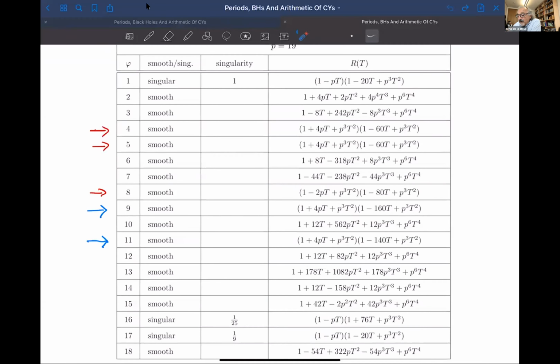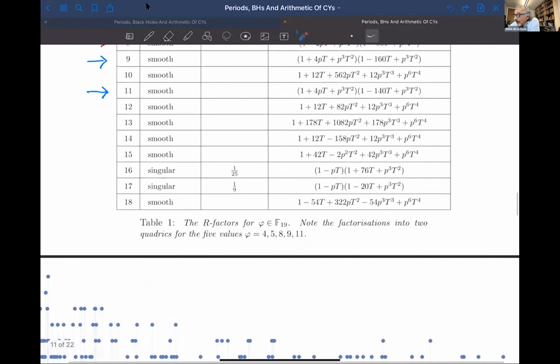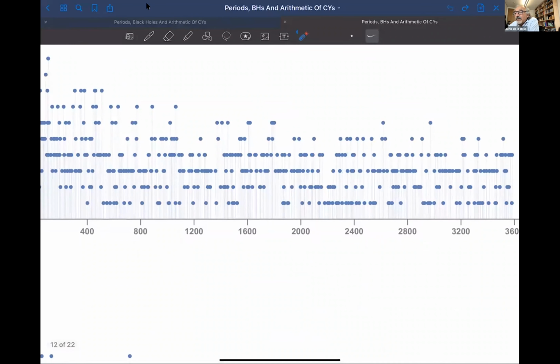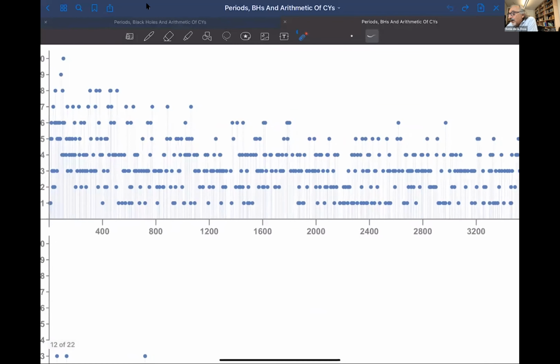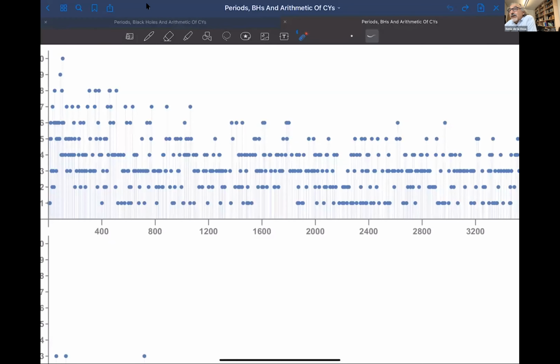Okay, so we now go to the next slide, and I ask you immediately if you remember what we just said. The answer: it factorized for 5 values, and among those 5 values were 4, 5, and 8.